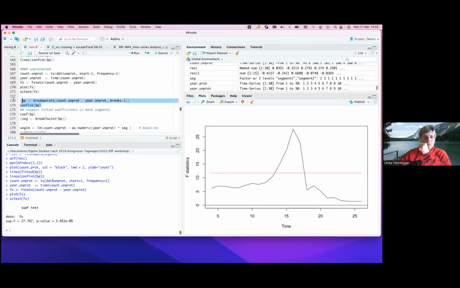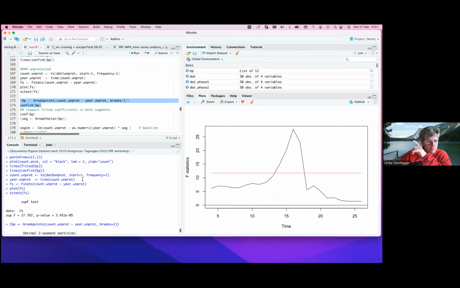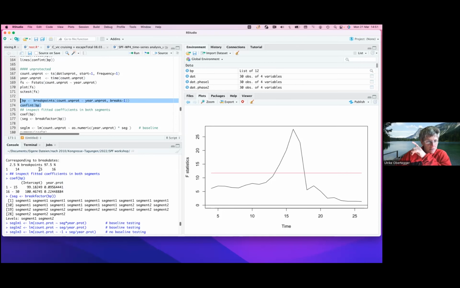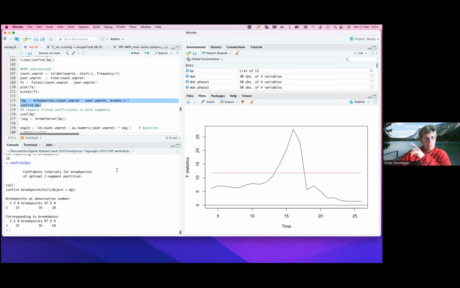We're trying to estimate where the breakpoint is. Now it's at 0.16. So you see, before it was at 0.15, if I remember well. But for the unprotected, the estimate is now at 0.16.